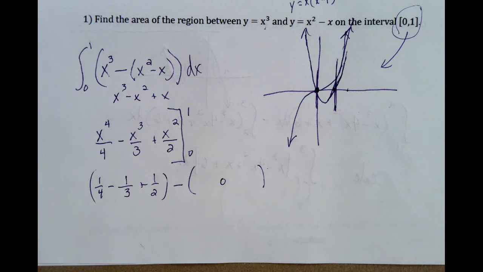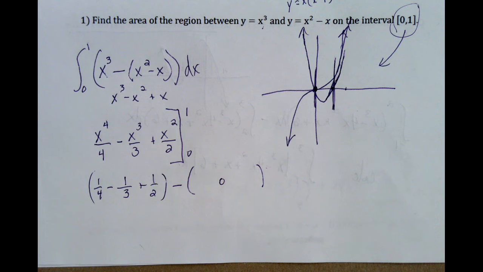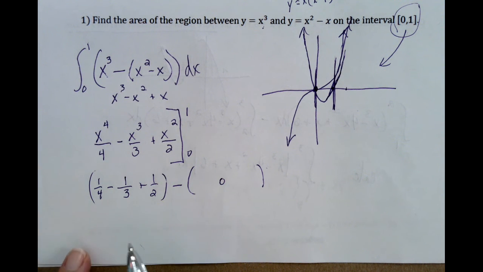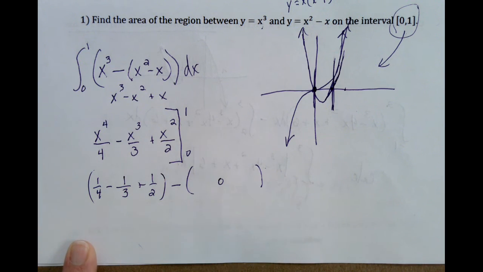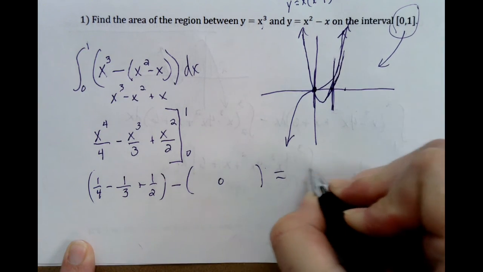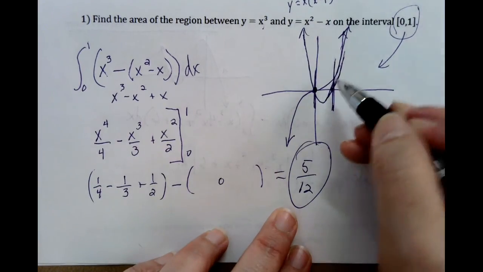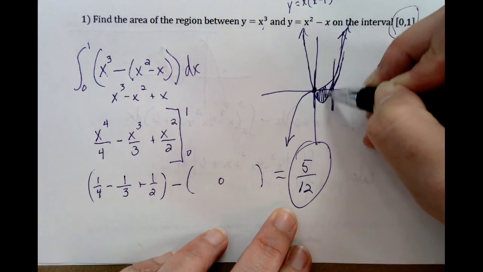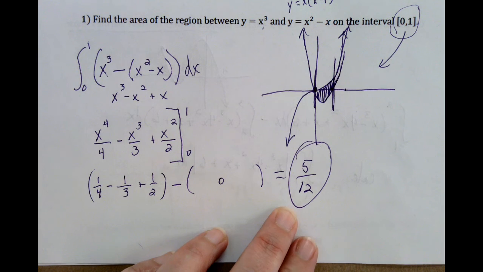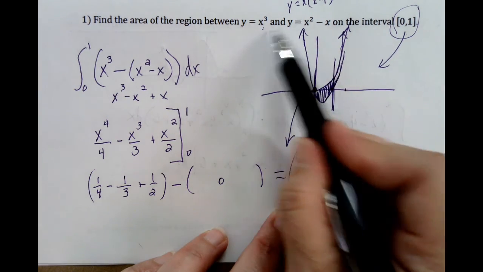Wait, let me. Oh, you're right. Yes, I actually made a mistake. It's actually going to be 5/12. That is the area of the space in between curve 1 and curve 2.